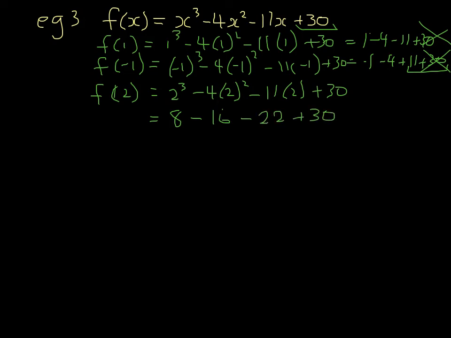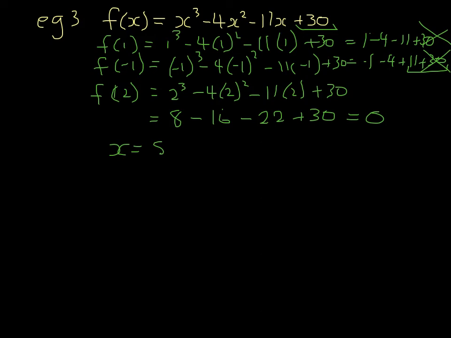This is going to be looking a bit better I think. So 8 take away 16 is negative 8, negative 8 take 22 is negative 30, plus 30 is equal to 0. So that tells us that we have x equals 2.